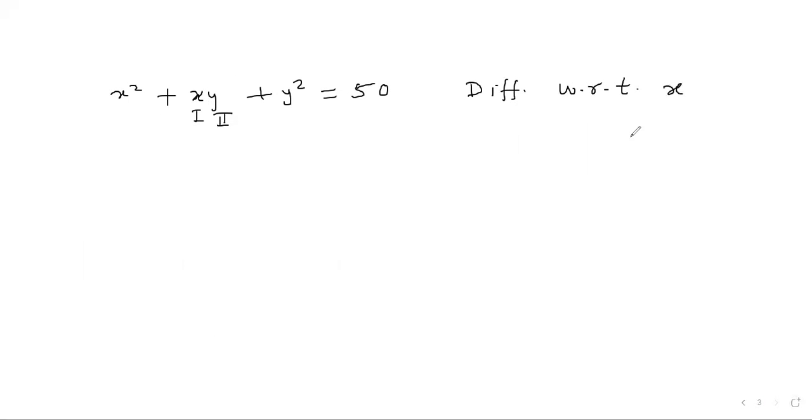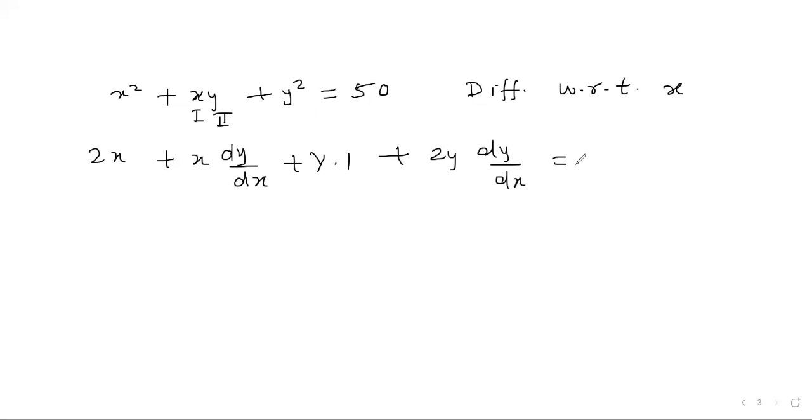Now let's take next question. Suppose we have x square plus xy plus y square equal to 50. So again, we can differentiate. Here we can apply product rule. So differentiating with respect to x, it will become 2x. It will become x dy by dx plus y times 1 plus 2y dy by dx equal to 0.